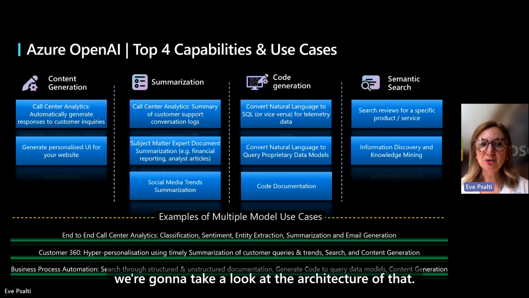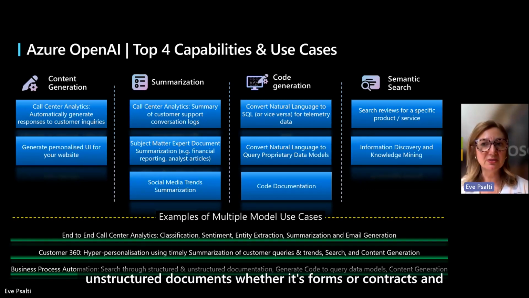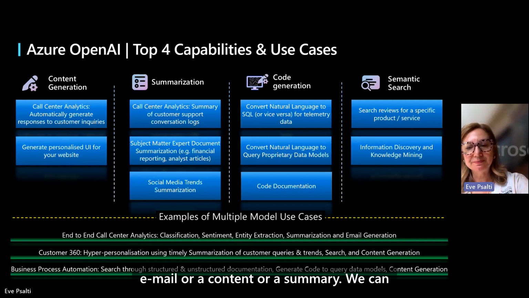Also, business process automation. We're going to take a look at the architecture of that. This is a great way to search through structured and unstructured documents, whether it's forms or contracts, and create an email or content or a summary.